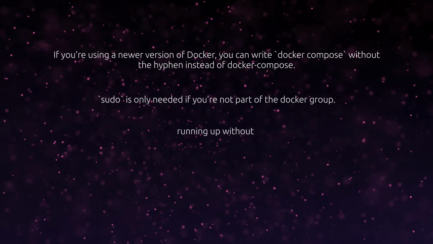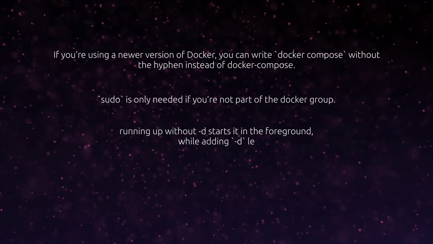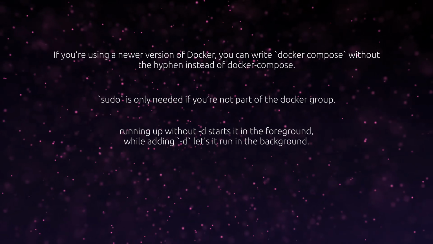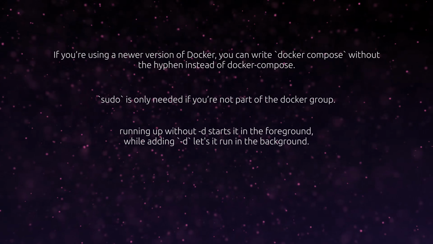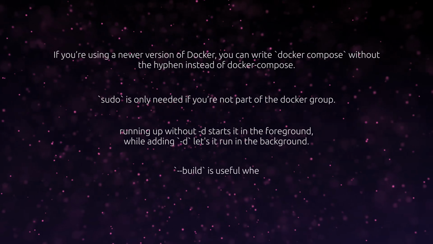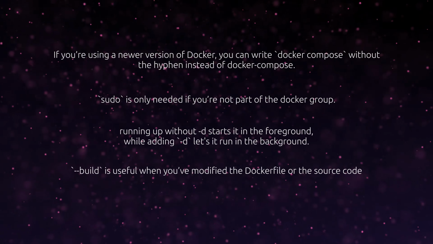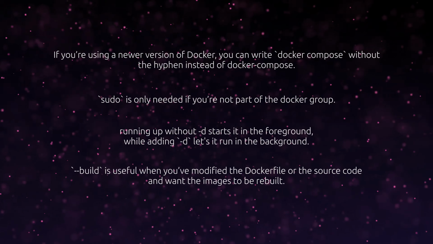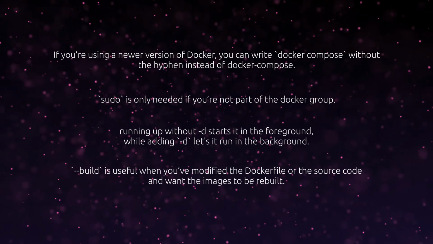Third, remember that running the app without -d starts it in the foreground, while adding -d lets it run in the background. -d stands for detached mode. And finally, --build is useful when you have modified the Dockerfile or the source code and want the images to be rebuilt. We will go back to --build in a few minutes.